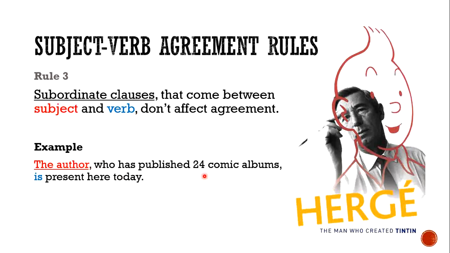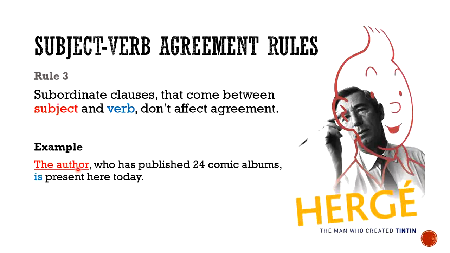This subordinate clause has been used between the subject, the author, and the verb, is. Whatever the subordinate clause, if it is singular or plural, it does not change the verb or the rule that the subject and the verb must follow.